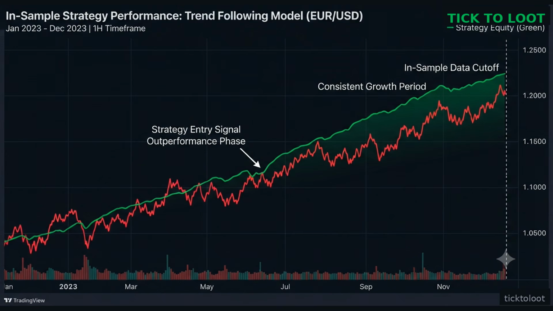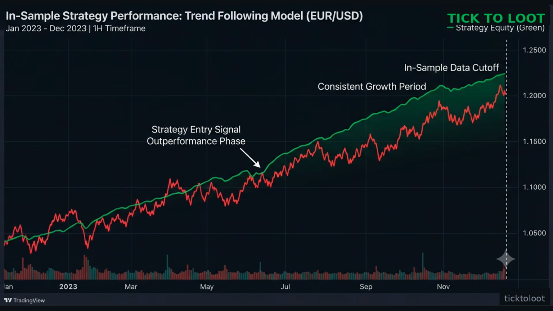Let's consider a simple example to illustrate the difference between in-sample and out-of-sample testing. Suppose you develop a trading strategy that uses a moving average crossover system to predict the price of a euro to US dollar currency pair. You use historical data from the past year to develop and optimize your strategy, and then you test it on the same data. The results show that your strategy performs exceptionally well with a high profit factor and a low drawdown.